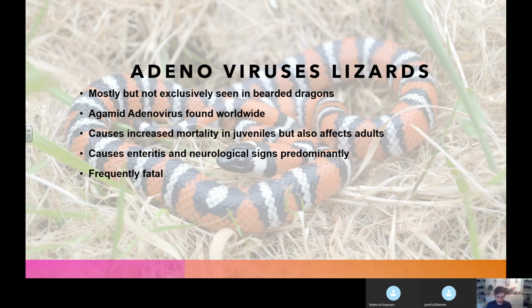You tend to see gastrointestinal signs, an inability to absorb or digest food, weight loss, diarrhea. And then you also see neurological signs as well. And frequently this disease is fatal. But again, some animals will carry this for years and years and years. And this is endemic in a lot of bearded dragon breeding facilities.